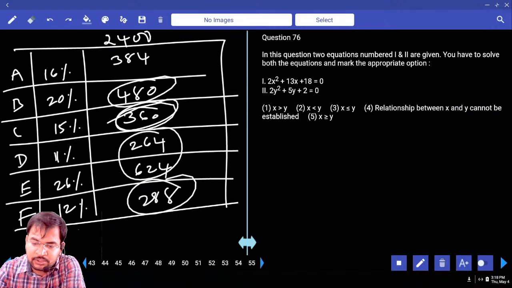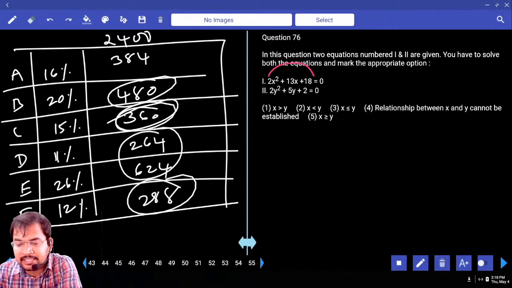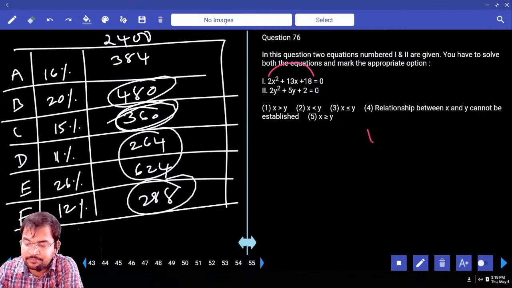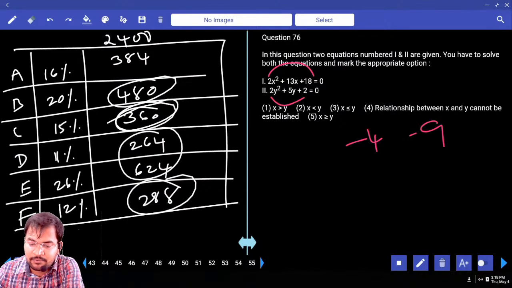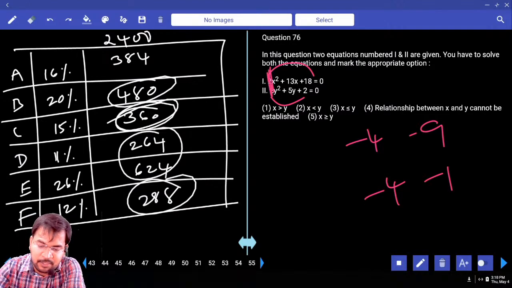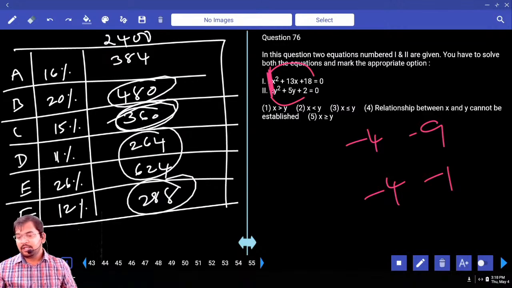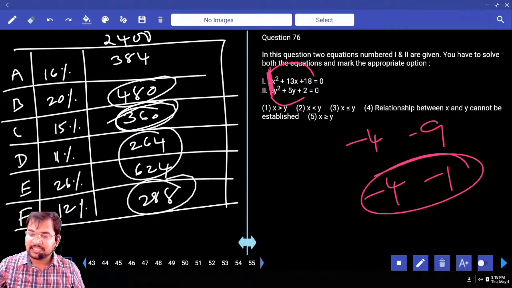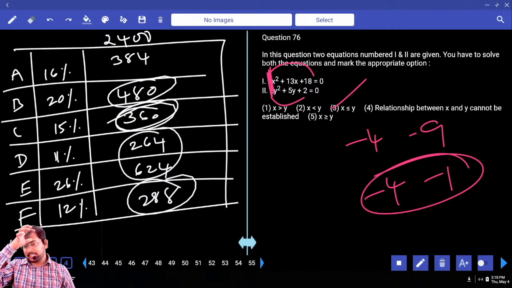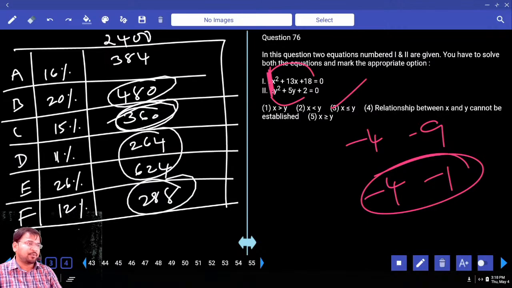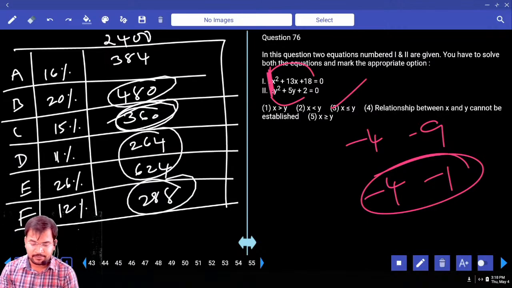Next, 36 gives 2 18s, so 4 and 9. Next ones come in negative. Next, 2 2s are 4, 1. We don't need the coefficients. So your answer is y is always greater but sometimes equal. Your answer is x less than or equal to y. -1 is greater but -4 is equal. Your answer is less than or equal to.